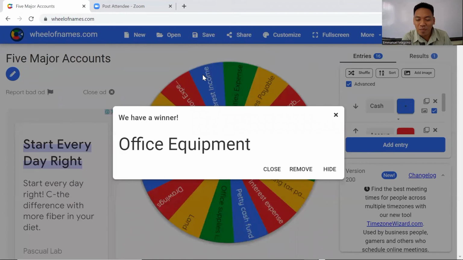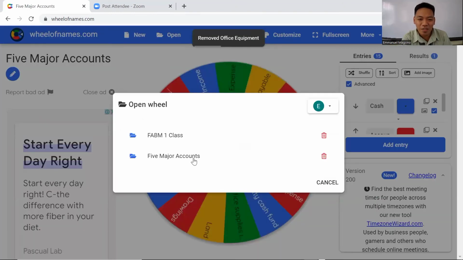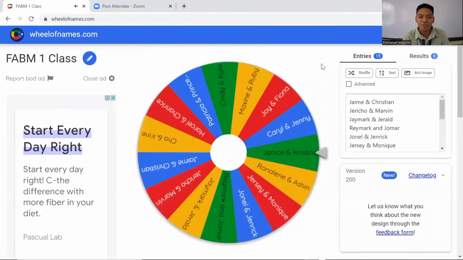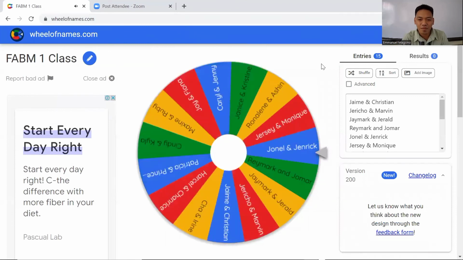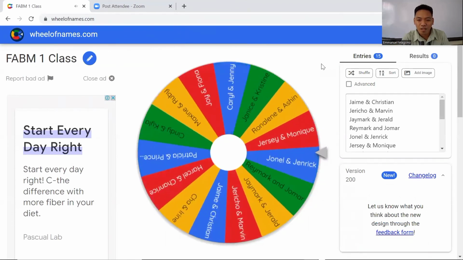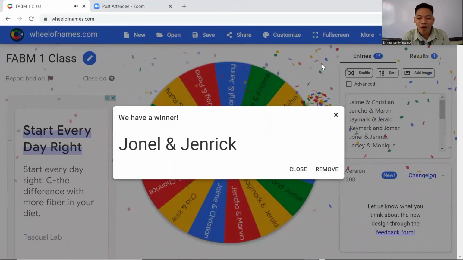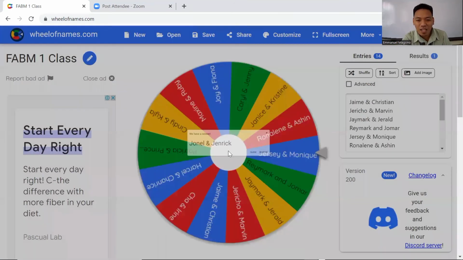What is office equipment? Okay, let us call another partner. Okay, Jonel and Jenrick, what is the answer? Okay, non-current liabilities, correct. So it is non-current liabilities.